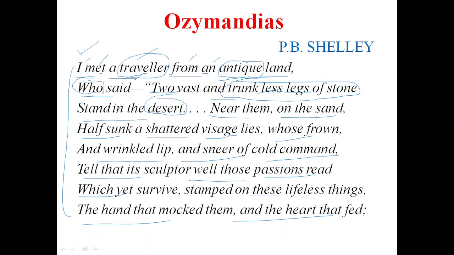Wrinkled lip का मतलब ये नहीं कि वो बूढ़ा, गुस्से से जब वो expression आती, it is an expression of anger. And sneer of cold command. Sneer again is not a very healthy or very friendly look. Sneer is a kind of look which comes on your face when you hate someone.